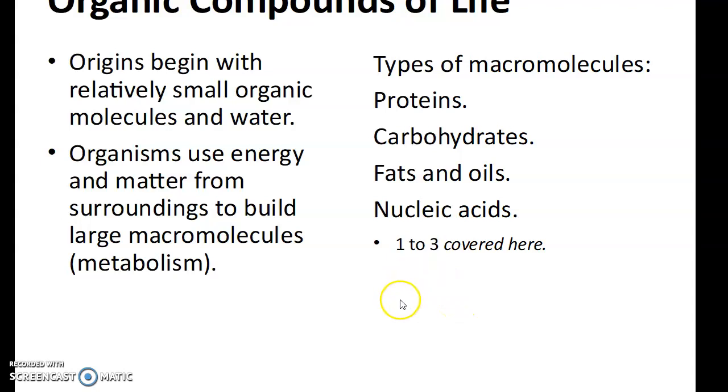And then other enzymatic processes, which are proteins, allow you to convert that into a variety of other materials. And the types of macromolecules are proteins, carbohydrates, fats and oils, and nucleic acids. These are the 4 types of building blocks for life.